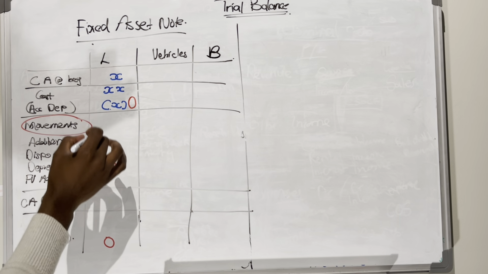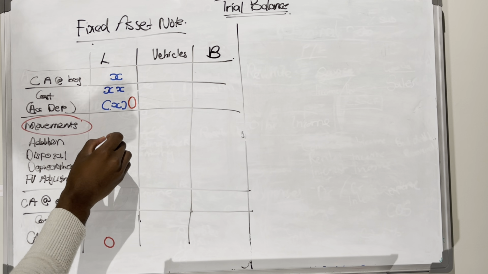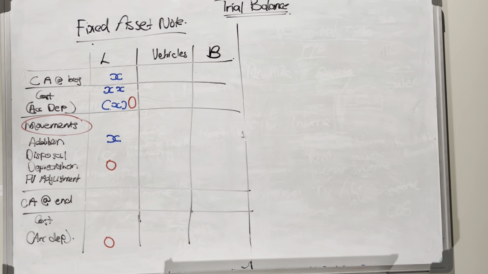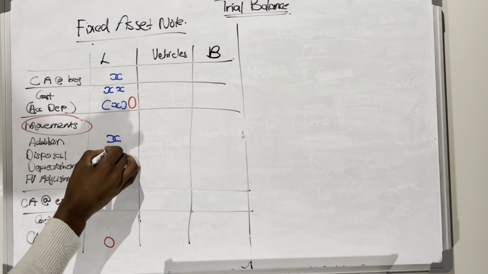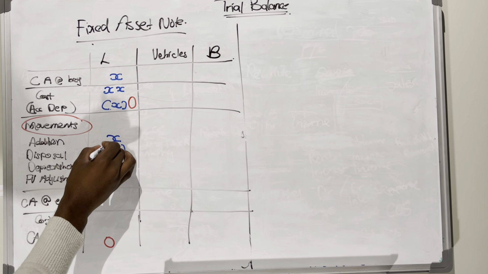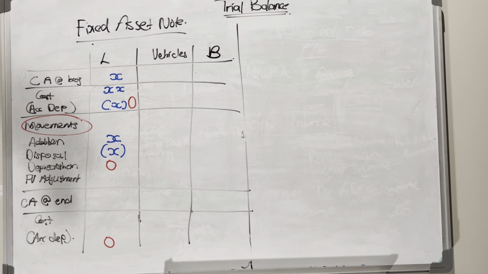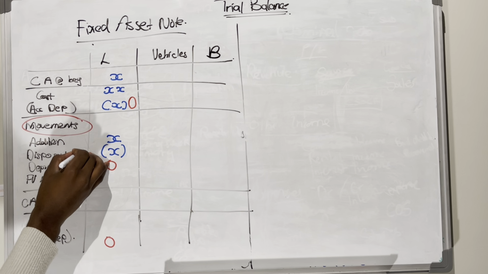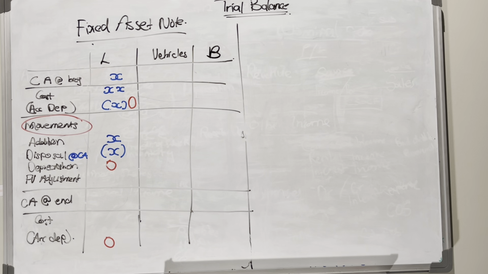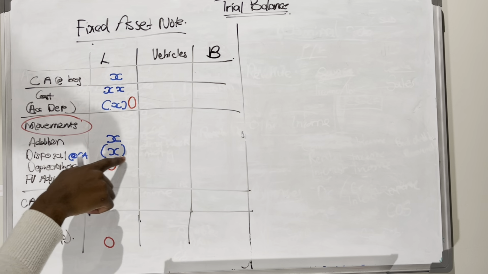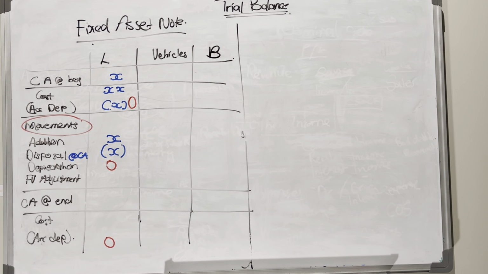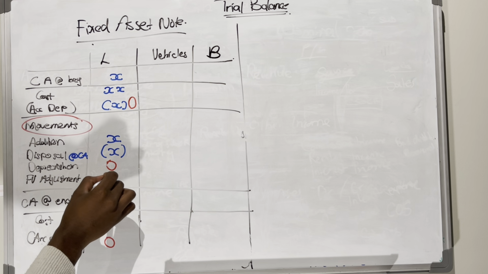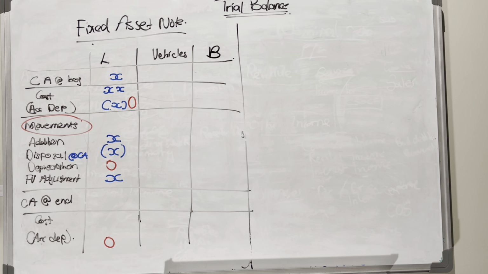And we might have additions right there, so that'll be X plus X. We might have disposals, minus X. Disposals at what? At carrying amount. So you only subtract your carrying amount there. We might have fair value adjustments, which will increase our amount.